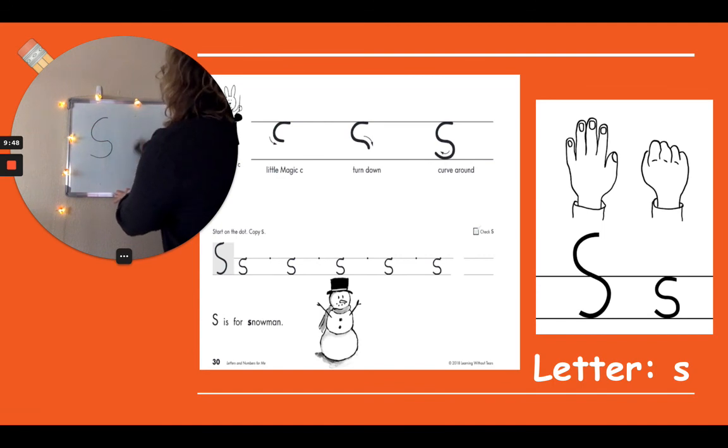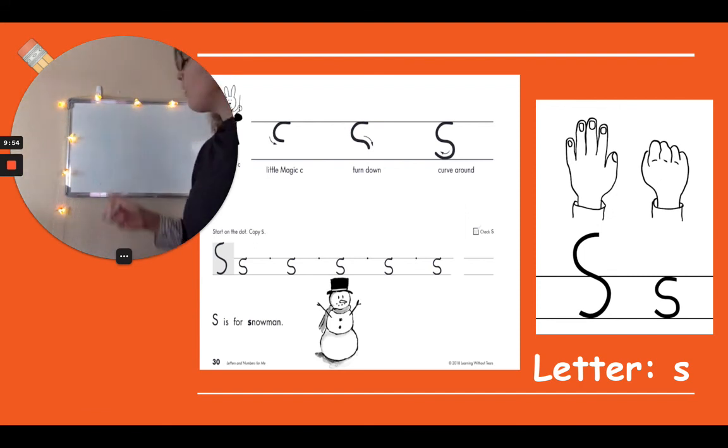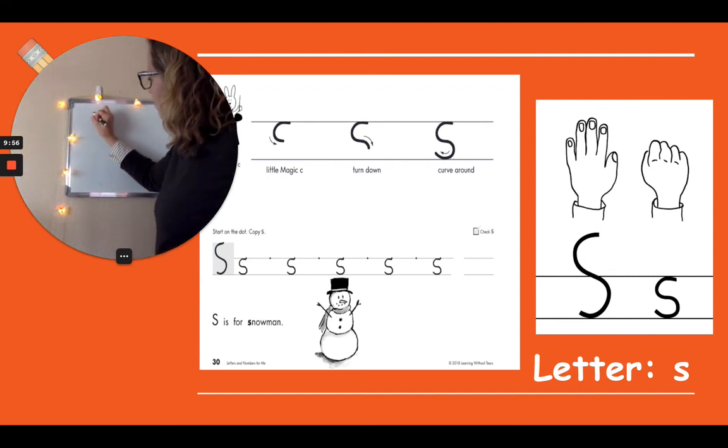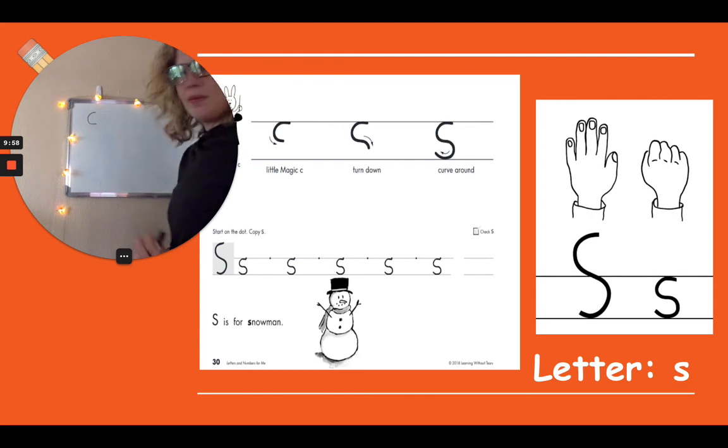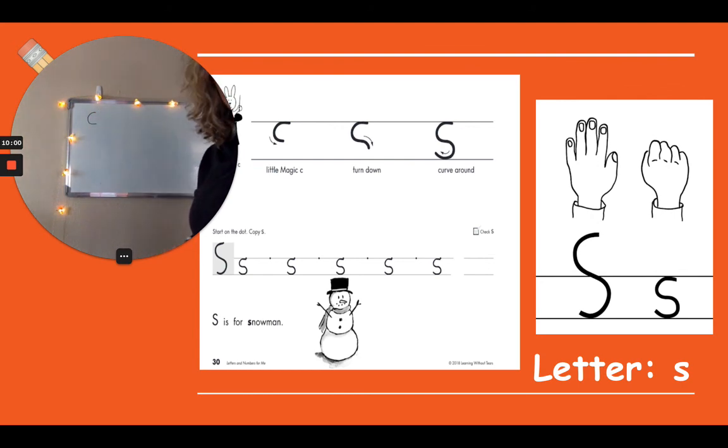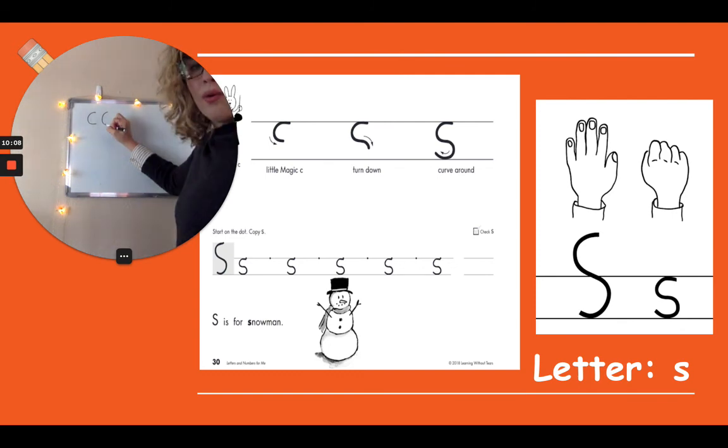Good job, my friends. So let's review one more time our letters that we did. We did our magic C. So can you make your magic C lowercase? There's our magic C. Then we did an O. If you can make a C, you can make an O. Keep going and stop.